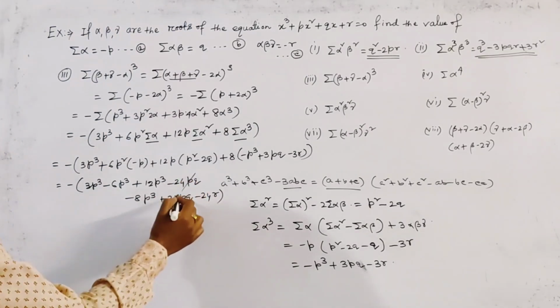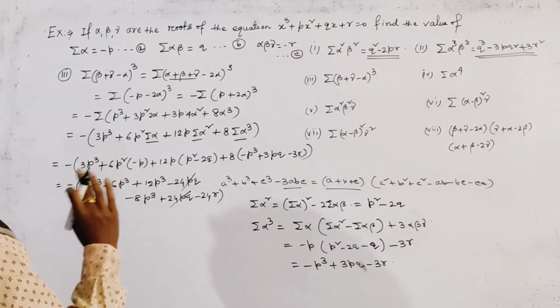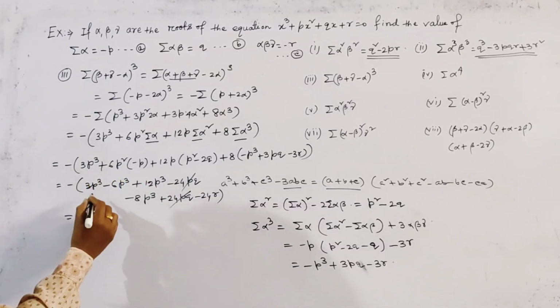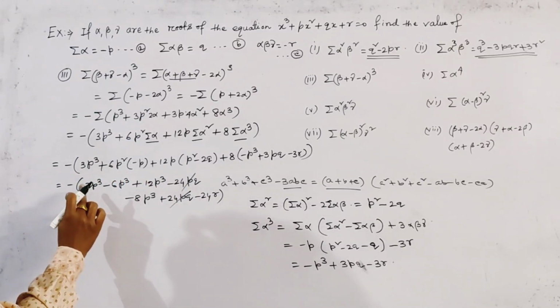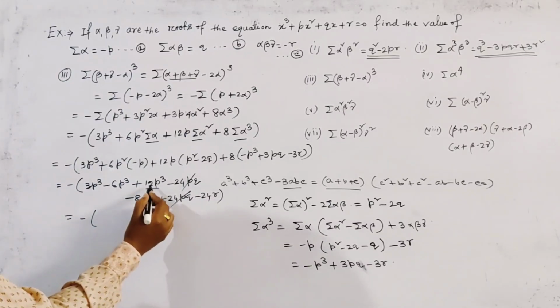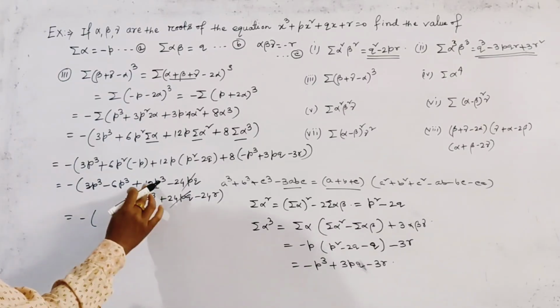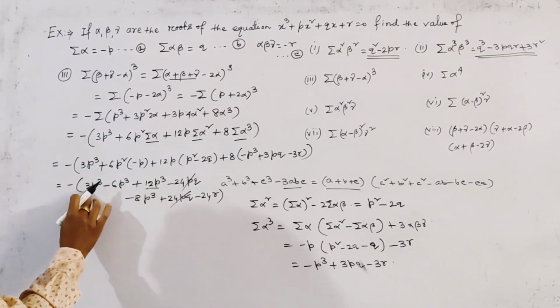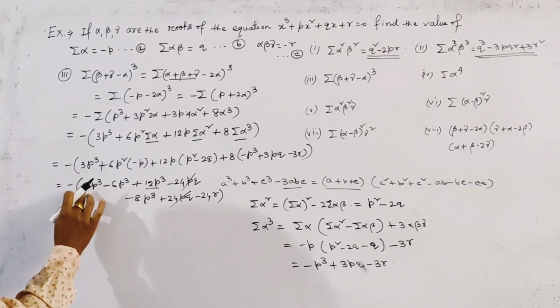We cancel out 24pq, 24pq, and the result is minus 12pq, this is 8pq. So we get 4pq here, and this is plus 4 and plus 3, this is 7pq.